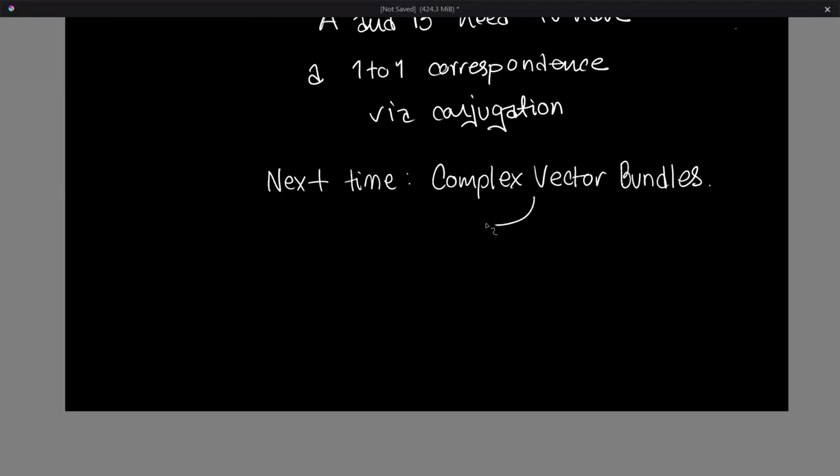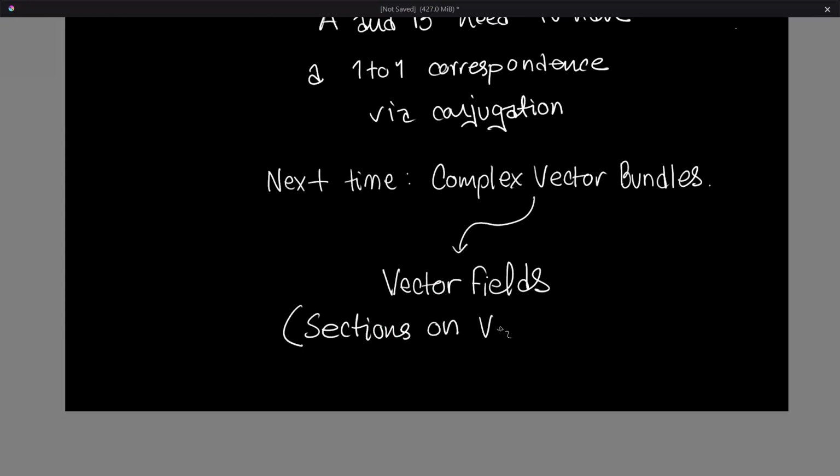This is where the notion of, I'm not sure what they're called in math, but in physics they're called vector fields, is going to come from. These are called sections on vector bundles. They're going to be necessary for defining a lot of things in the future.